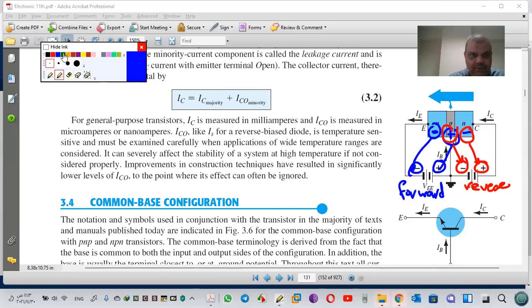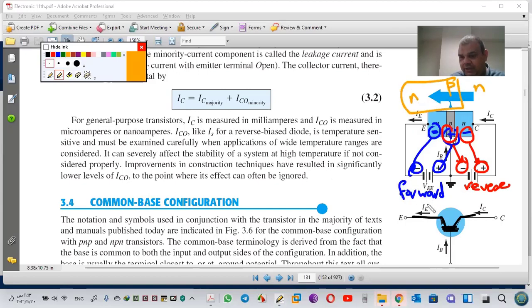Now, the symbol of the transistor, NPN. Again, this is my transistor. Now, NPN. This is my goal.